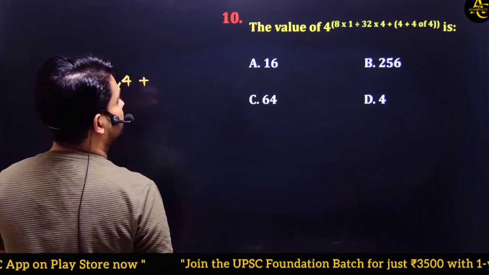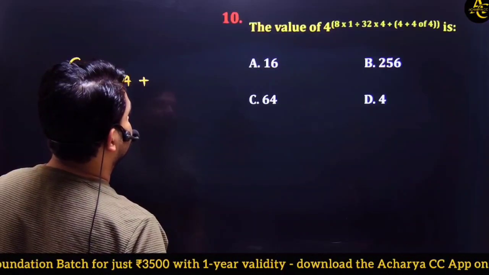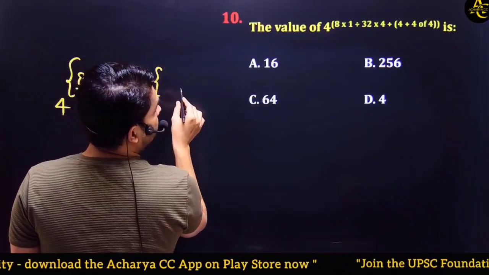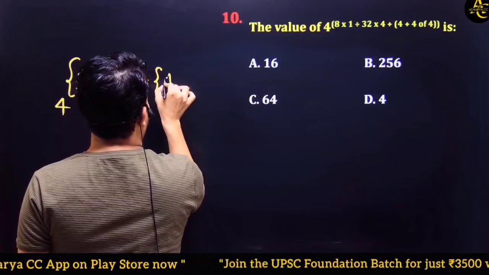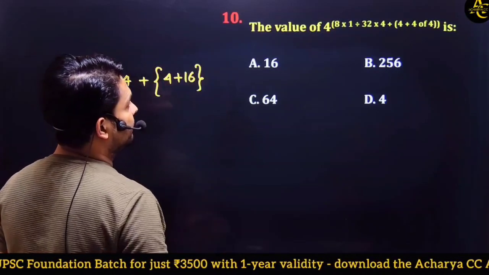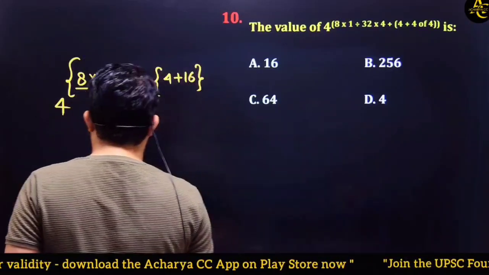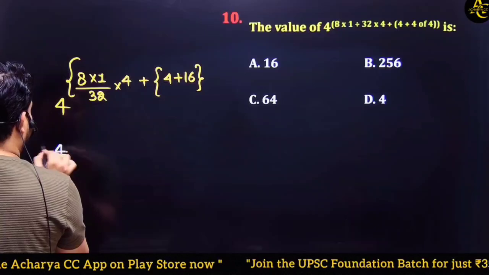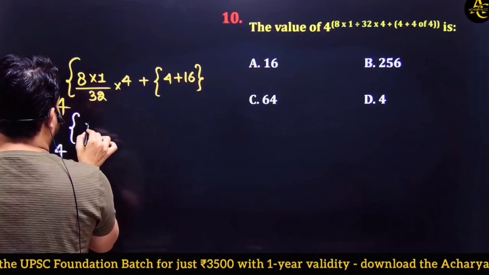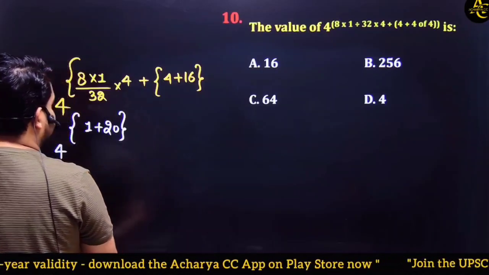Then we have plus 4 plus 4 plus 4 of 4. 4 plus 4 of 4 means 6. 4 of 4 is nothing but 16. So 4 to the power, what we have? 32 by 32 is 1 plus 20. Now we have 4 to the power 20 as our answer.